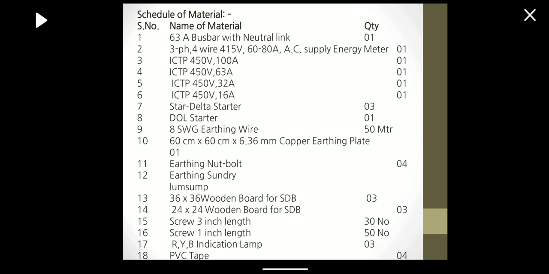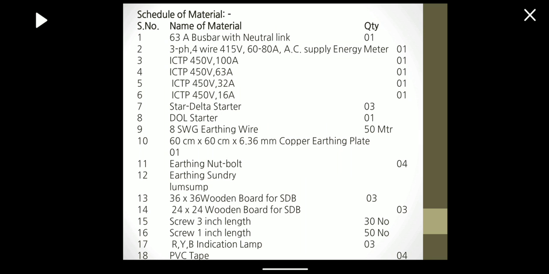Then generally a 3-phase star delta starter is used, but for small rating motors a DOL starter is used. So star delta starter and DOL starter are used. Then 8 SWG earthing wire is also required, approximately 50 meters. Then a 60 cm by 60 cm by 6.36 mm copper earthing plate is required for the earthing.